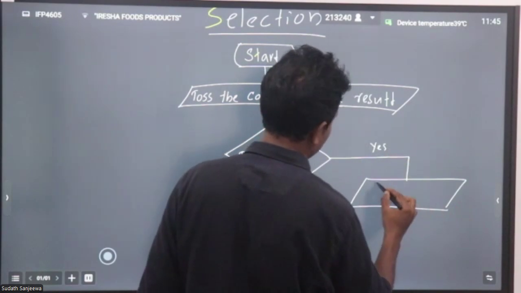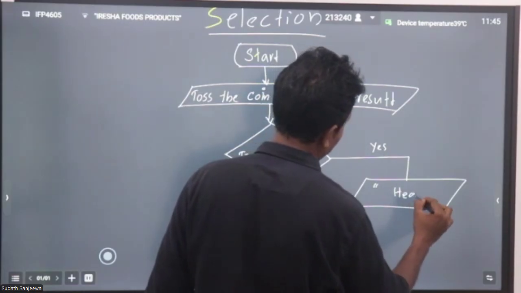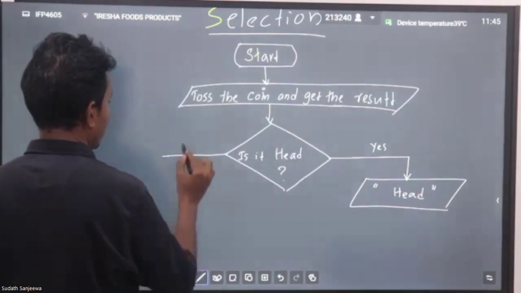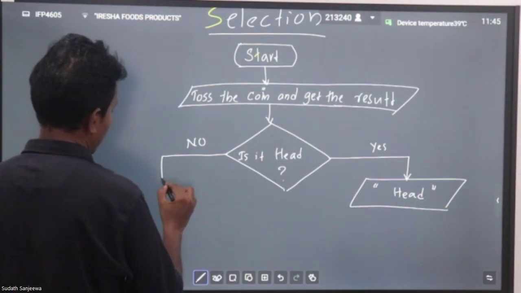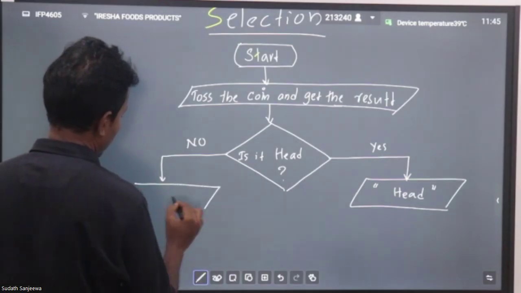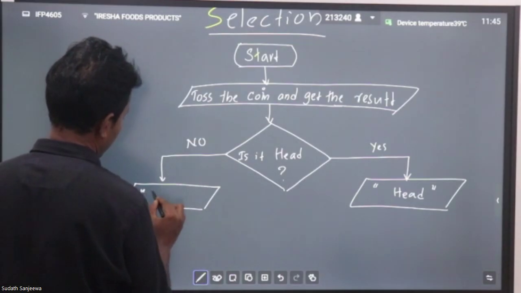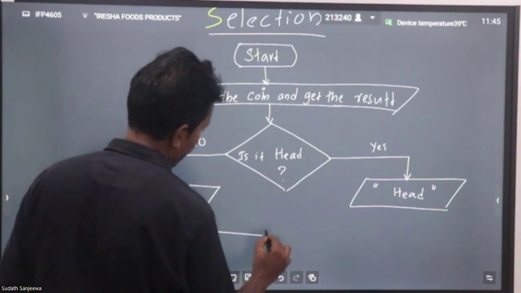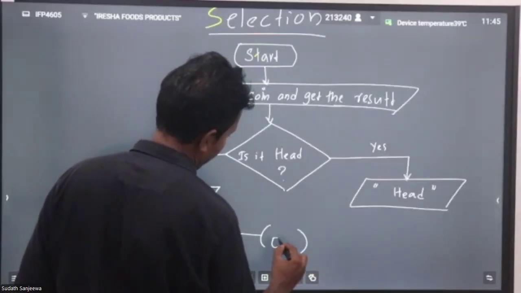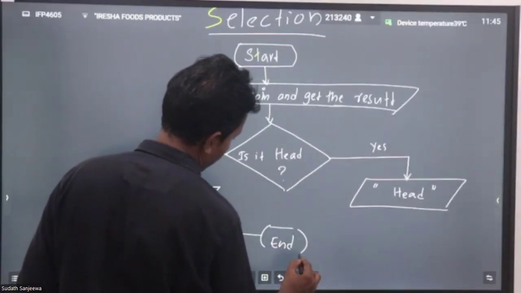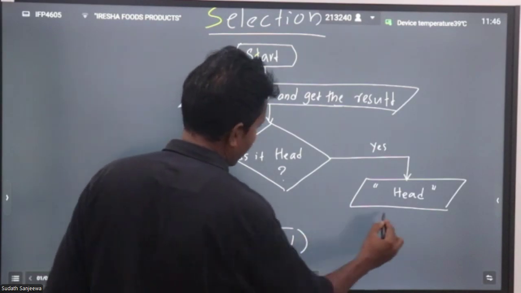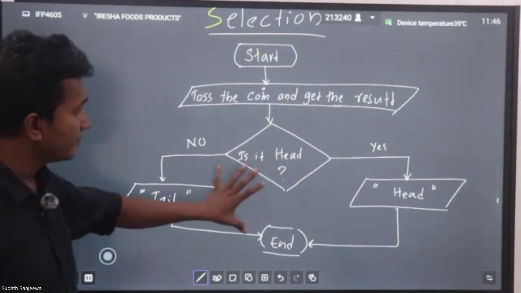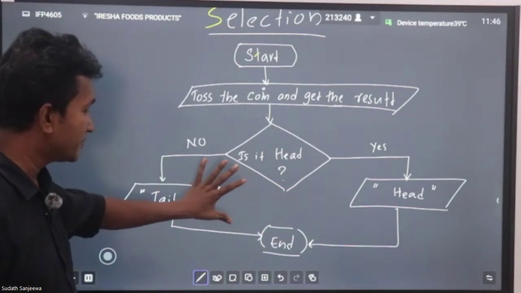If it is yes, display as head. If it is no, display as tail. The same thing. Finally, you connect this one to end. You can have it in this way as well, right?